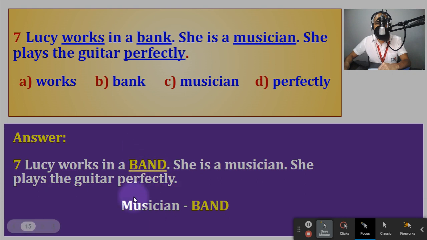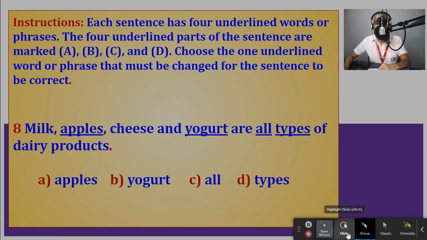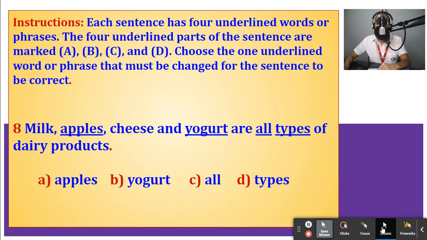In this case, instead of bank, we have to use the word band, or it could be also orchestra. Why? Because she is a musician. A musician does not work in a bank. That's why letter B is the mistake. Now let's move on to number 8. Please read the sentence and find the mistake. You have 20 seconds.